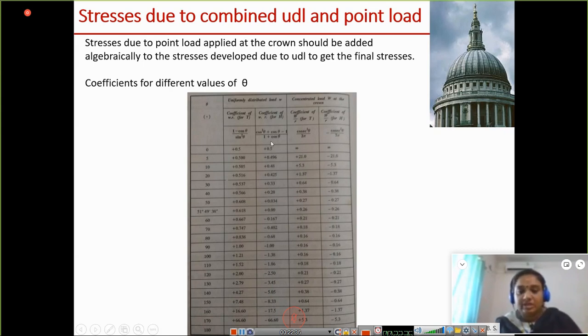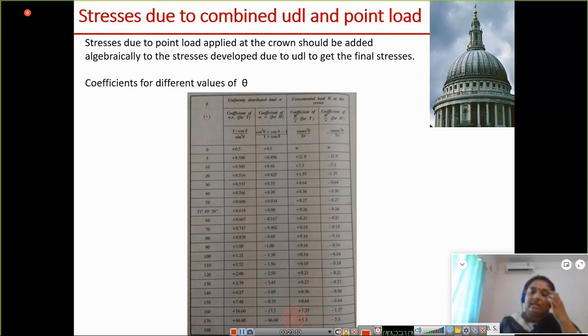So I don't think you need to mark up all these things, but you need to understand or study the formula for these two cases for the circular dome. One is for the circular dome or the spherical dome subjected to UDL, meridional stress and hoop stress, and the circular dome subjected to concentrated load, the meridional stress and hoop stress.